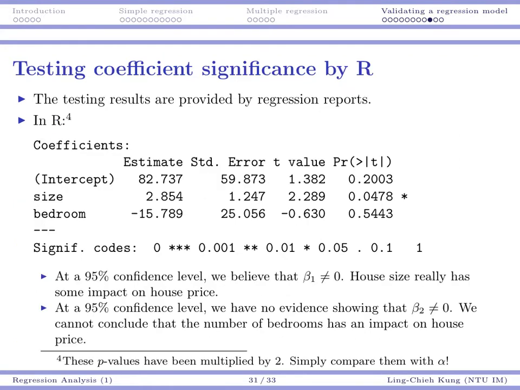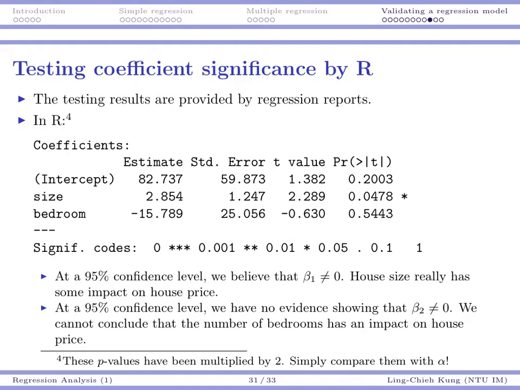When we do the regression, our testing results are actually provided in those reports, like here. If you go back to check your R report, you see something like this. We will see that there is a column called the probability of greater than the absolute value of t. So what does that mean?